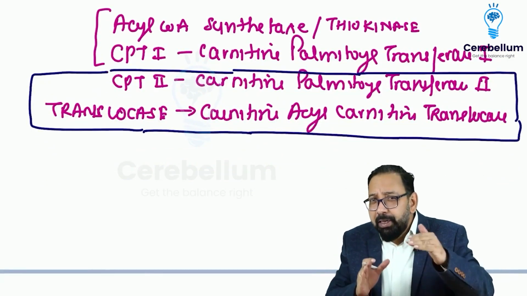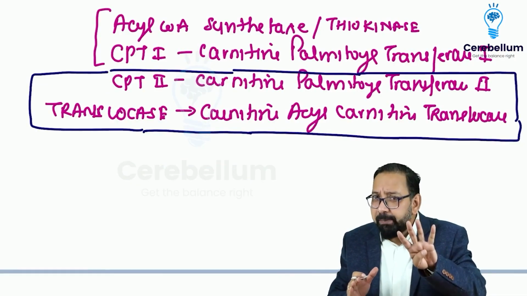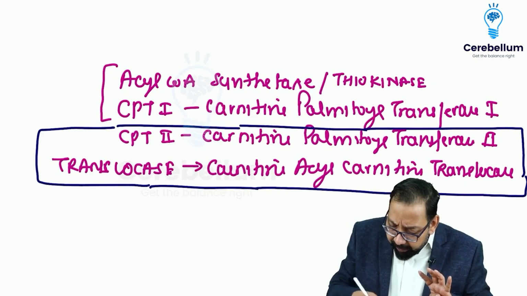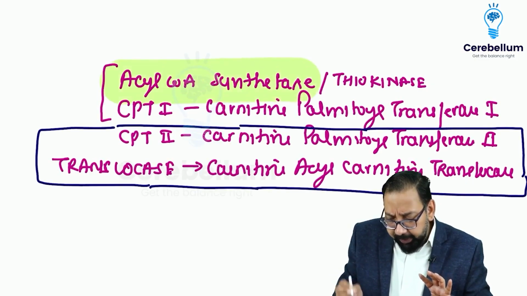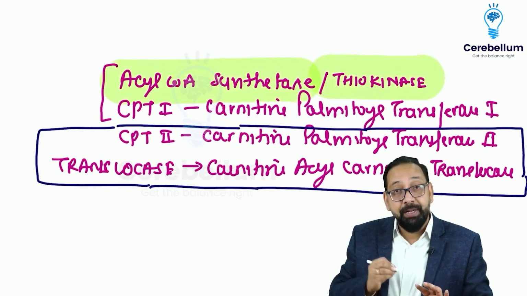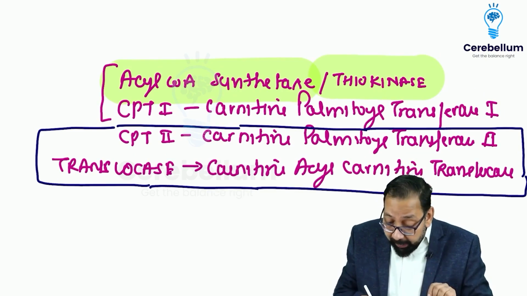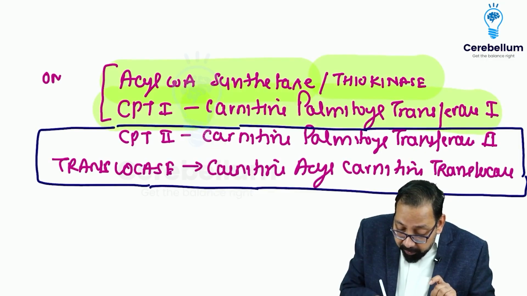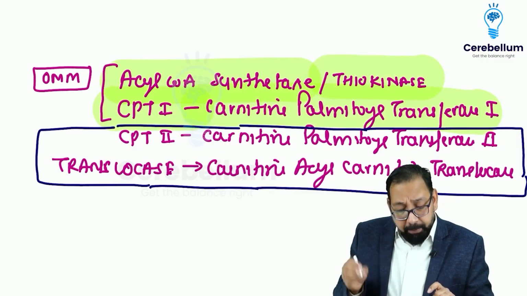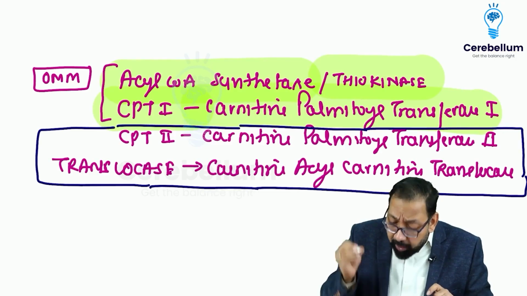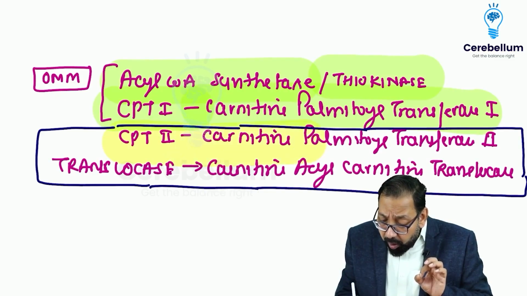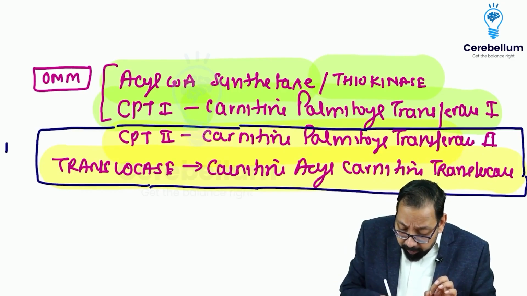So till now I have discussed 4 enzymes. The first enzyme is acyl coenzyme A synthetase, or another name, thiokinase. CPT1 is present at the outer mitochondrial membrane. CPT2 and translocase are present at the inner mitochondrial membrane.